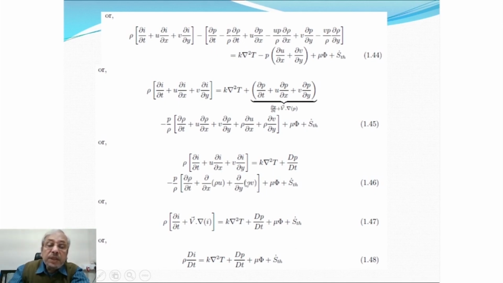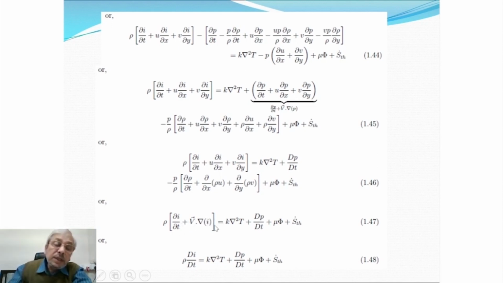So this can be set equal to 0. That is how this total term is dropped, and we can write K grad square T plus dP dt plus mu into phi plus S dot th, and the left hand side is rho dI dt plus V dot grad operated over I.